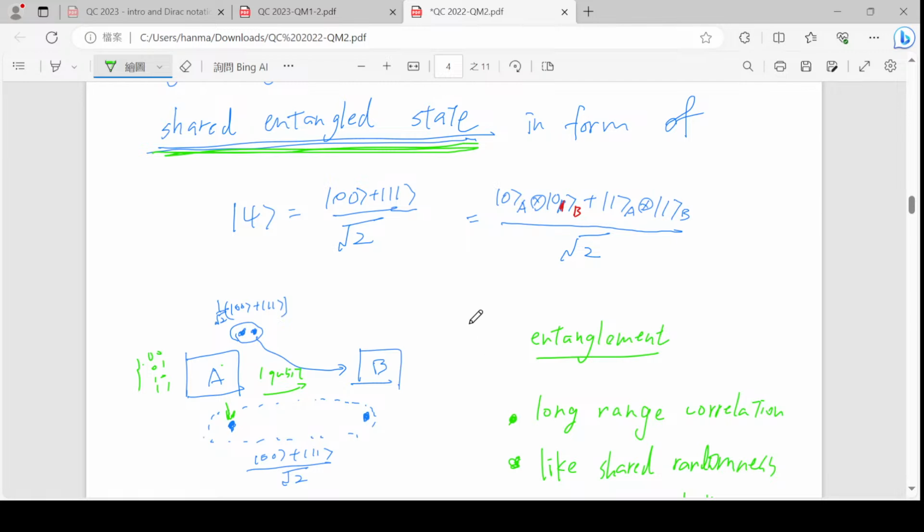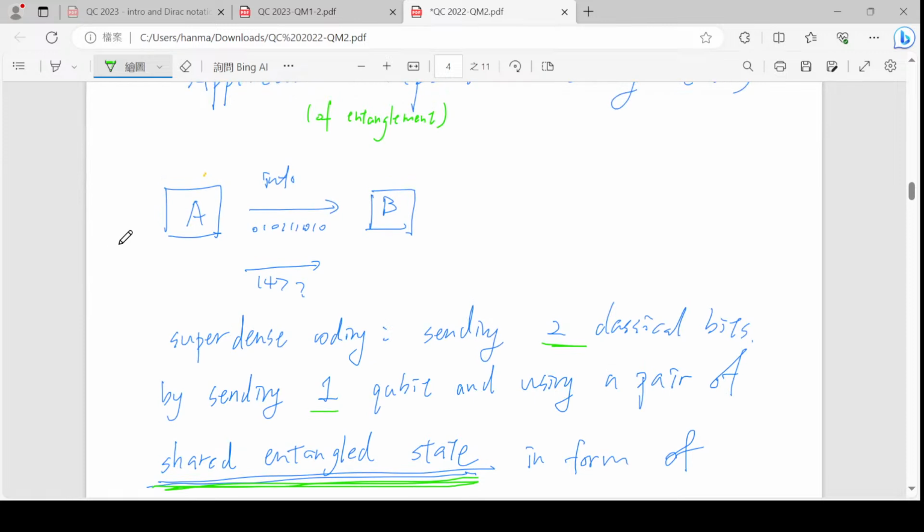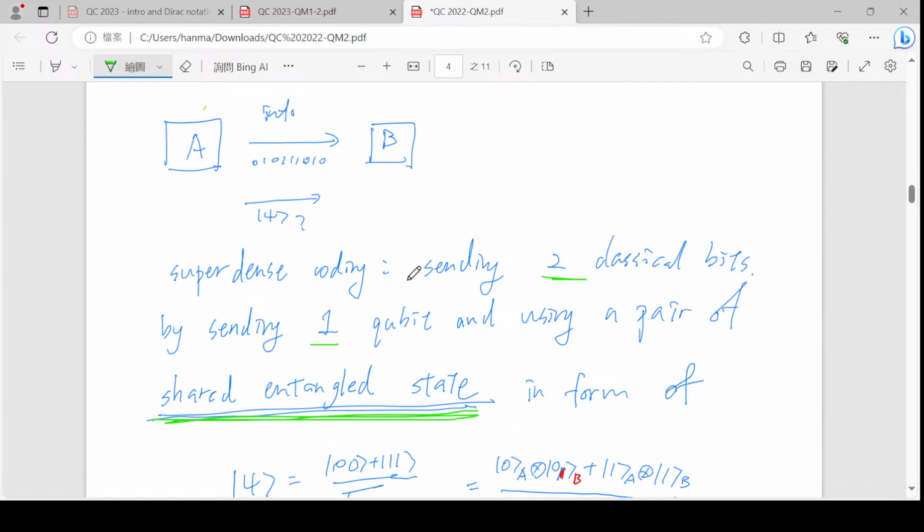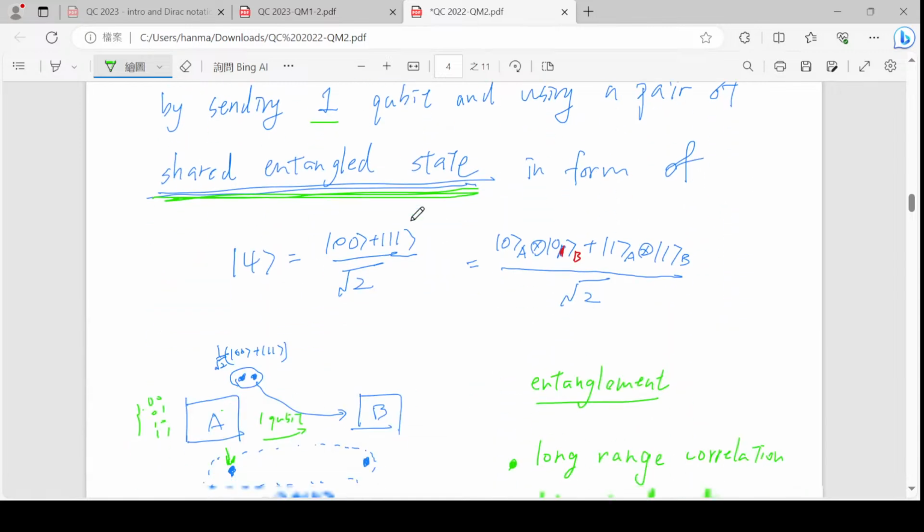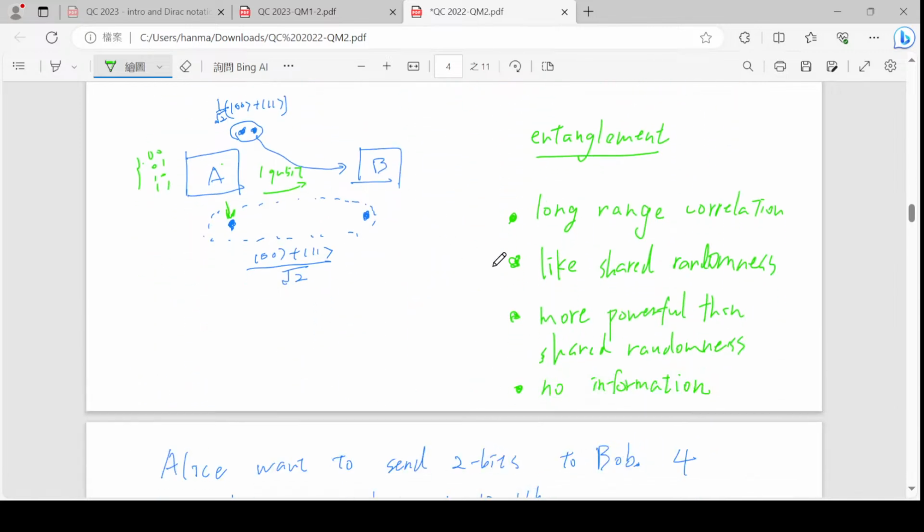So we have a shared entangled state, and super dense coding says that sending quantum information is more efficient than sending classical information, because you only send 1 qubit, and then you can convey 2 classical bits. Let's see how it works.